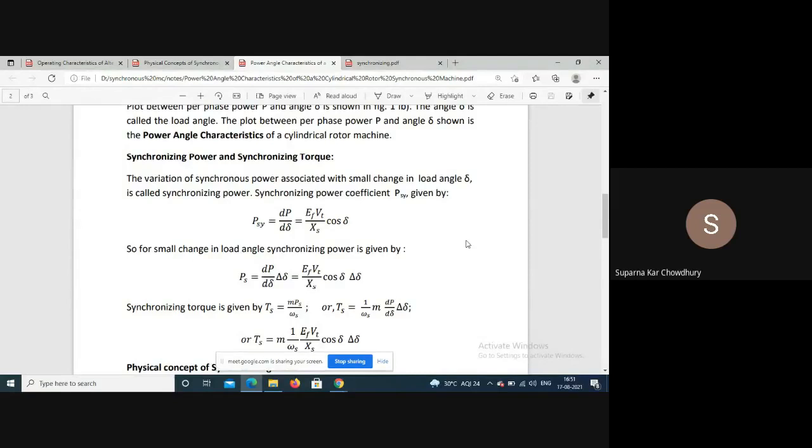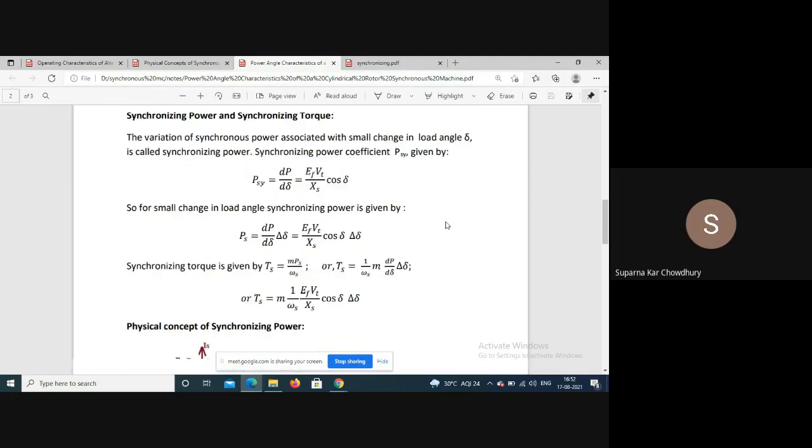Synchronizing power coefficient is defined as dP/d delta. If we differentiate P with respect to delta, we will get EF Vt by Xs cos delta.